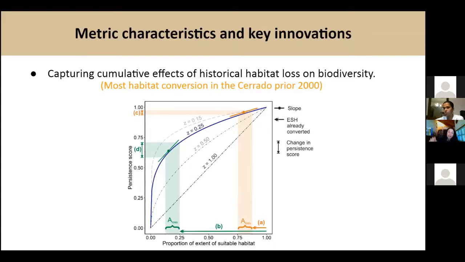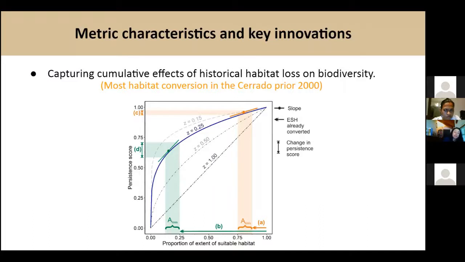And quickly, if we focus on the orange band on the x-axis, we can see that if a species loses an extent of area after not having lost much of its original extent, the effect in changing the persistence score is rather small on the y-axis.